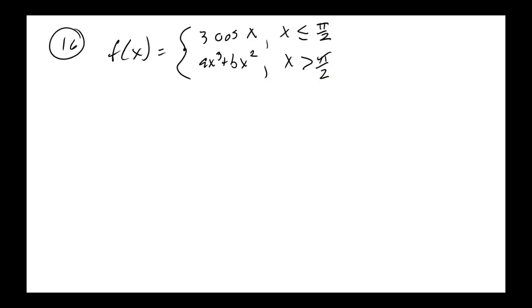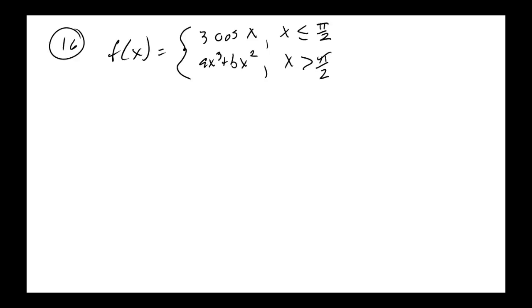Now, that is a cosine. It does look like it. Okay. What we want for this to be continuous and differentiable, they both have to be the same at pi halves.